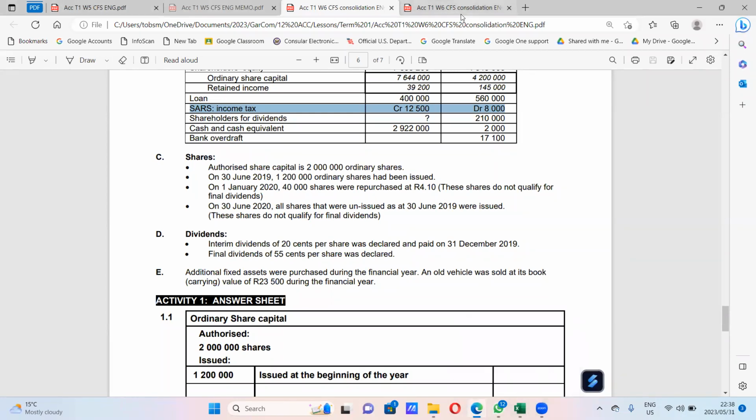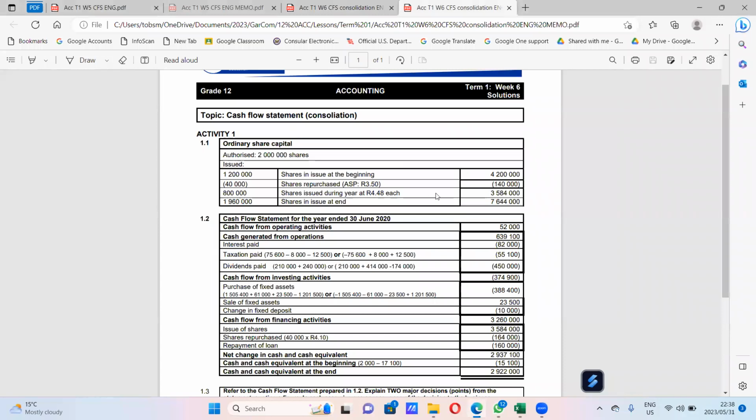Let's go to the note. If 40,000 shares were repurchased, and if I need to do this note backwards, I'll do it in another video. Instead of 350, it's going to be 4.10 times 40,000 shares.